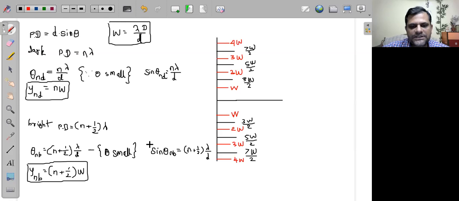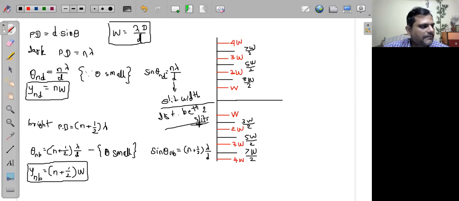But remember that in this case this small d is the slit width. ये जो small d है वो actually slit का width हुआ करता है, जबकि small d in case of interference was the distance between the two slits. दो slits के बीच में का distance हुआ करता था वो वहाँ पे. That is also the basic difference between interference and diffraction, remember.